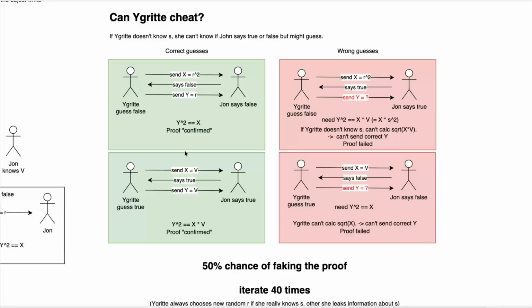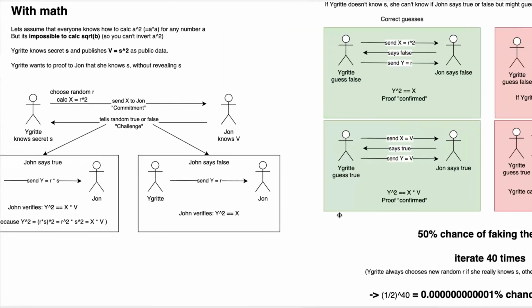She guesses correctly. If she guesses correctly true, so she guesses true and John says true, when we look back at this, if she guesses true, she needs to send something so that this checks out. She can send something to this so that this checks out if the original commitment is random. So she needs to now send a commitment in the beginning, assuming that he will say true, which fulfills this stuff.